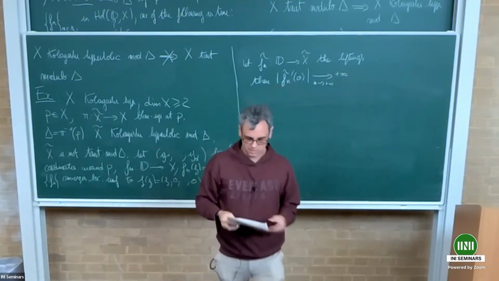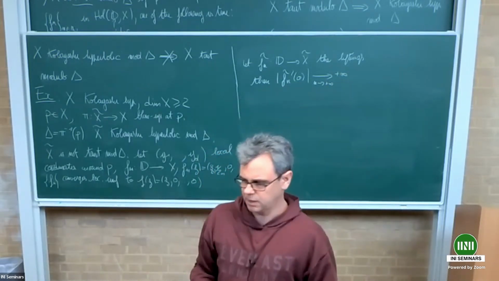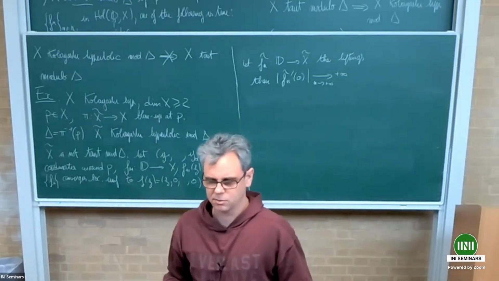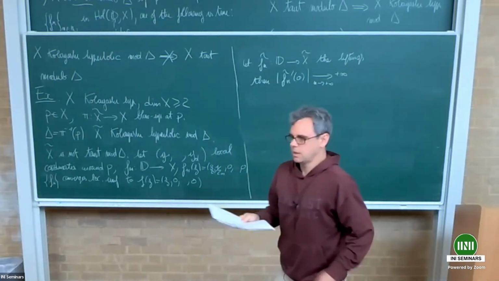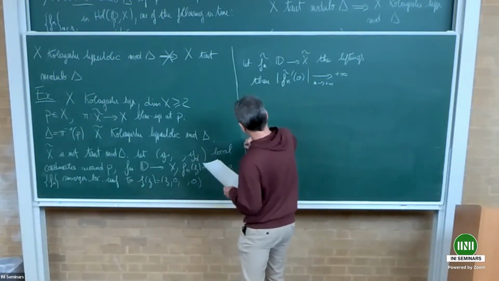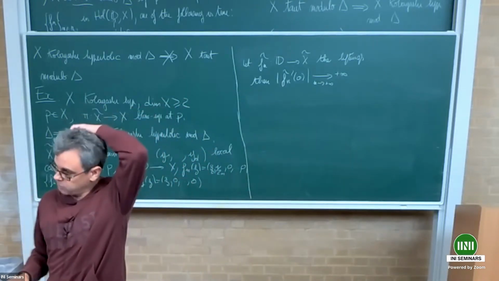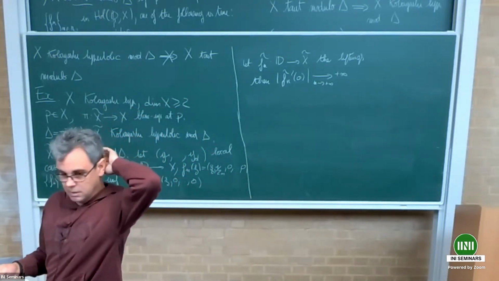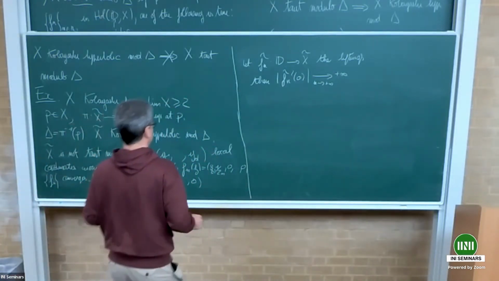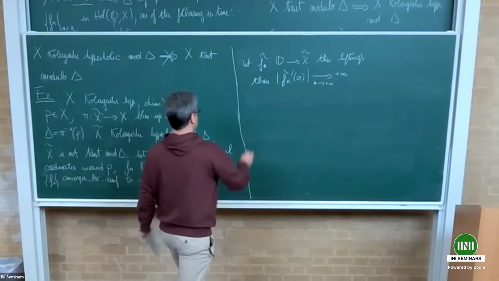And this essentially is the proof that it's not taut modulo delta. And then we had a discussion with Benoit. And I think it's also about non-compact examples which are Brody hyperbolic but not Kobayashi hyperbolic.